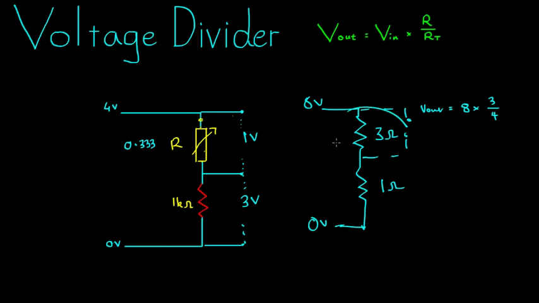So since this component here is 3/4 of the total resistance of the circuit, it receives 3/4 of the voltage that we're putting in, which will come to 6 volts.